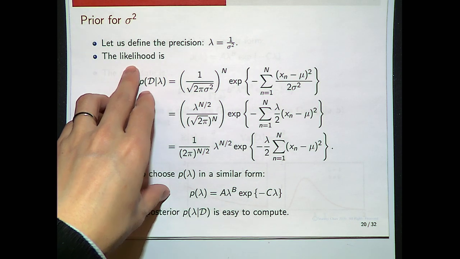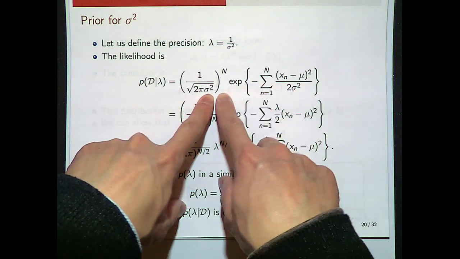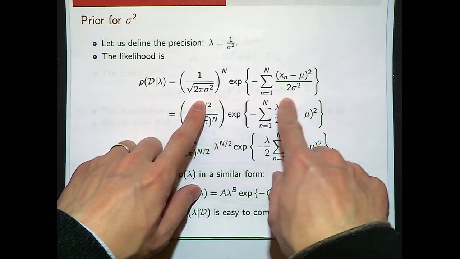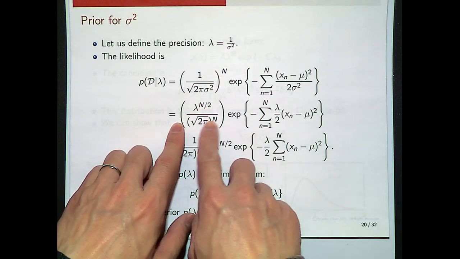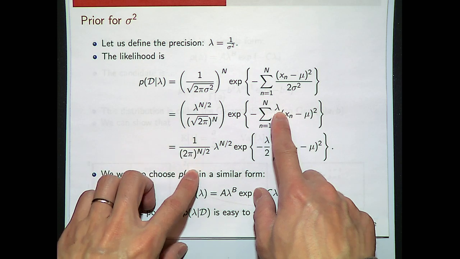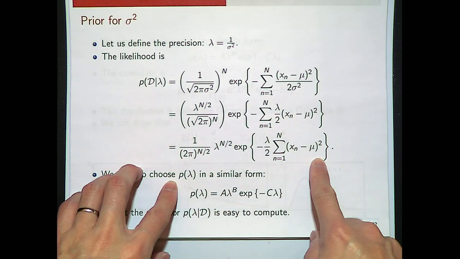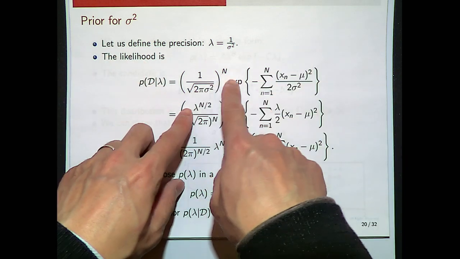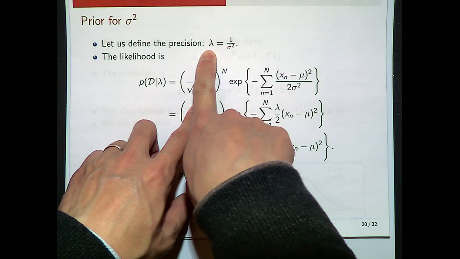In this case, you can write down the likelihood with respect to your variance. I don't want to call it sigma square, I just call 1 over sigma square lambda. So now you have the lambda here, you have lambda there. Then you can write this equation in this form. It's exactly the same as before, but I just replace 1 over sigma square by lambda.